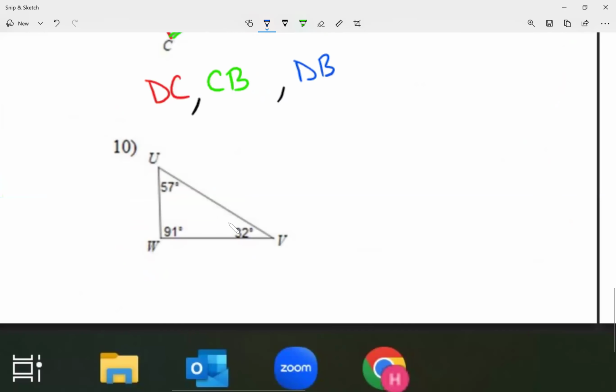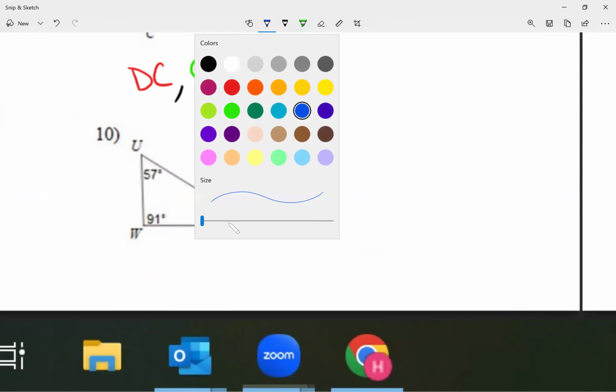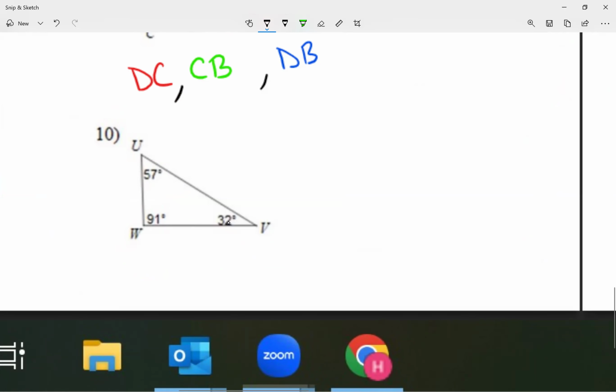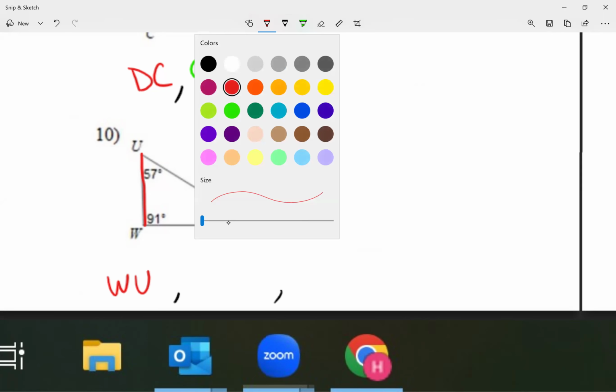Lastly, let me take a look at number 10. I know my answer has 2 commas and then some spaces in there. So for the smallest side, I look for the smallest angle. The smallest angle here is 32 degrees. This angle is opposite from the smallest side, or the shortest side, which is the side WU. Capital letters. WU or UW. You're fine. You're good. Doesn't matter which order you go.